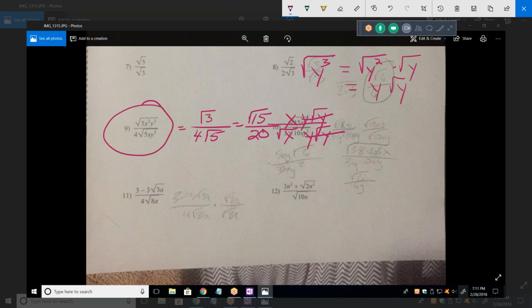Okay. So here's what I'm looking at at this point. This wouldn't be a bad answer, except for one problem. It's got a potentially irrational denominator.